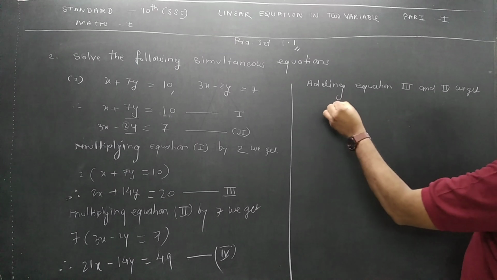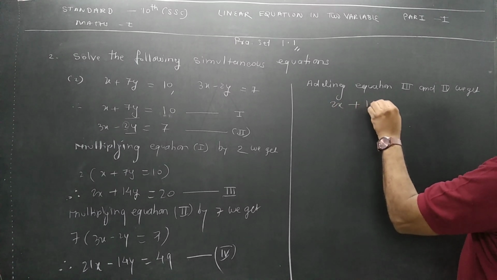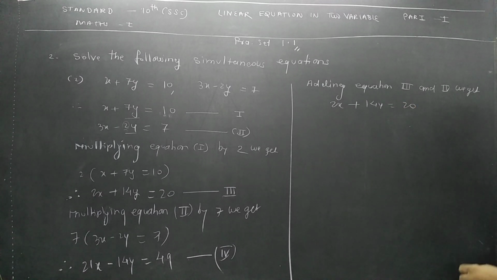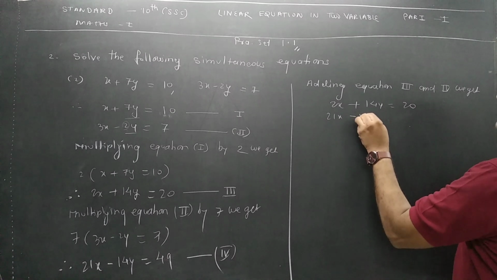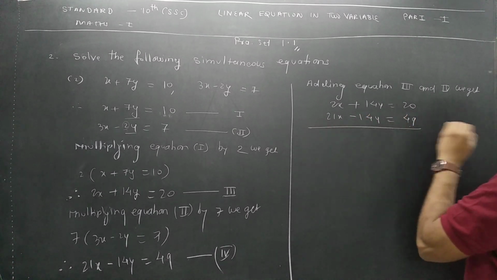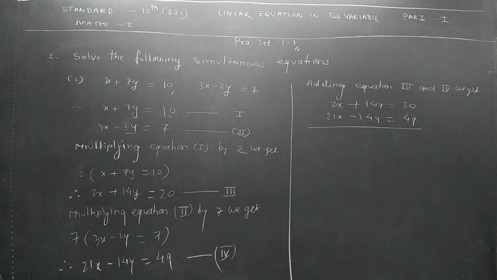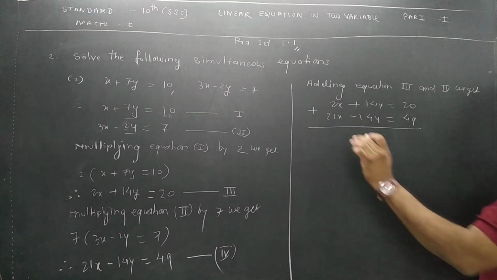Add the equations properly. 2x plus 14y is equal to 20 and 21x minus 14y is equal to 49. If I am adding, there is no need to change the sign of the lower terms.